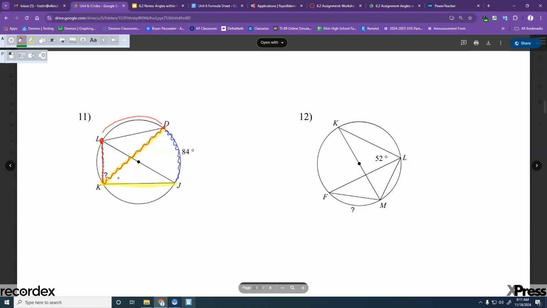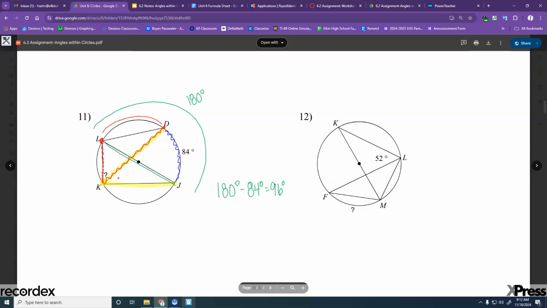Okay? Whenever you're seeing something like this, you're looking for, like, either maybe you know something about the whole circle or you know half of the circle. And right here, this right here is the diameter. This is half of the circle, right? That's 180 degrees. So if we do 180 minus 84, we will get 96.